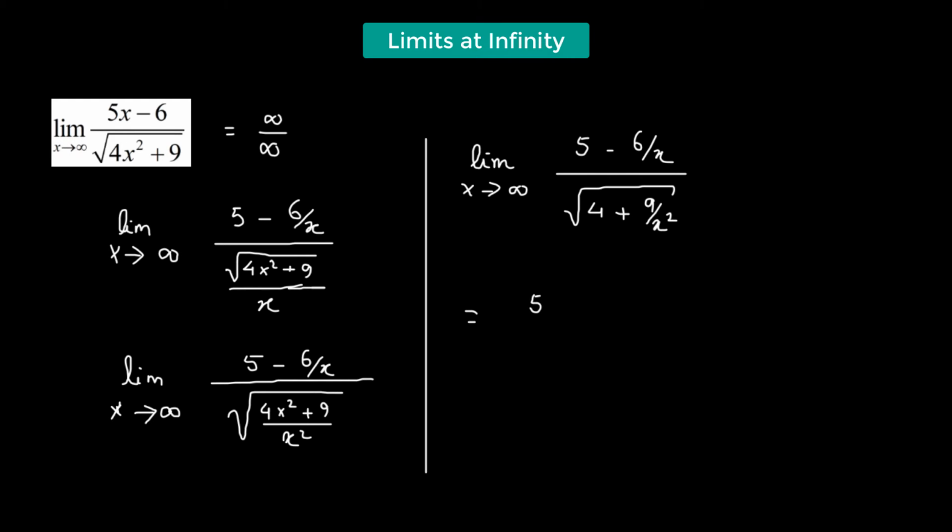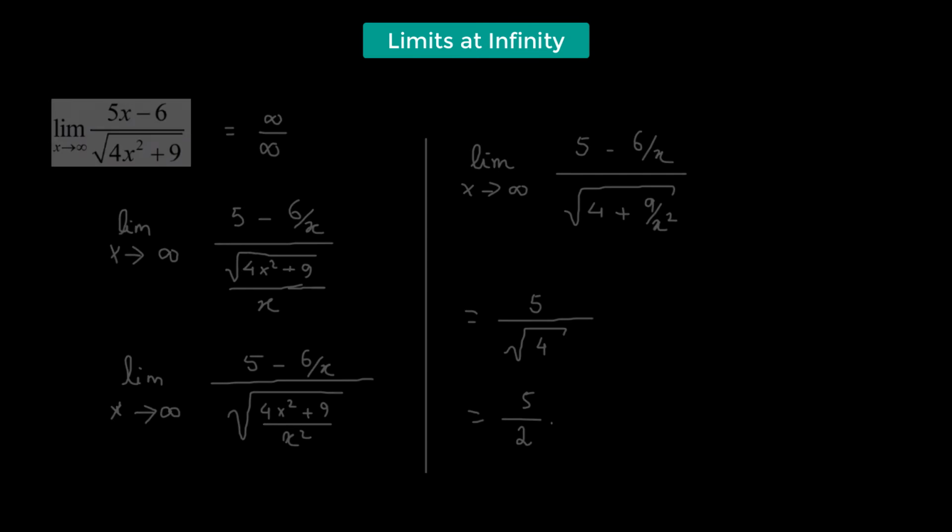So we have 5, and 6 divided by infinity is going to be 0. So we're left with only 5 in the numerator. Similarly in the denominator, we have 4 plus 9 over infinity. So that second term will be 0, which leaves us with 4. And finally we have 5 divided by the square root of 4, which is 2. So this is going to be the limiting value of the given function when x approaches a very large number.